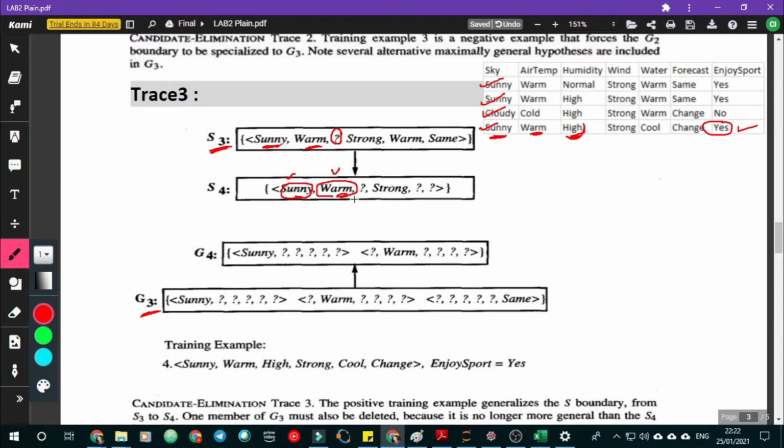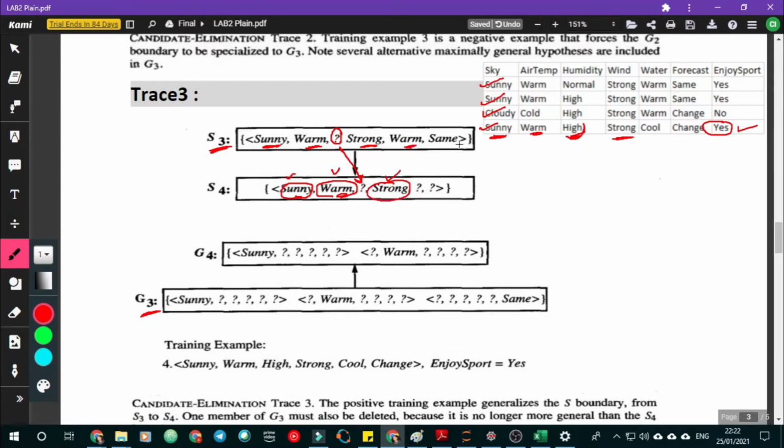What I need to do now, keep this question mark as it is, and high, don't do anything. Keep this question mark as it is and don't do anything. Now strong is same as strong, don't do anything.